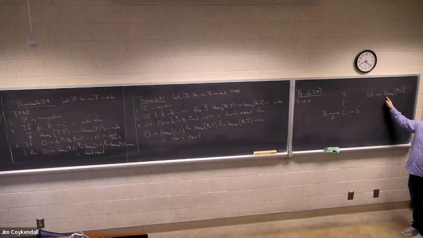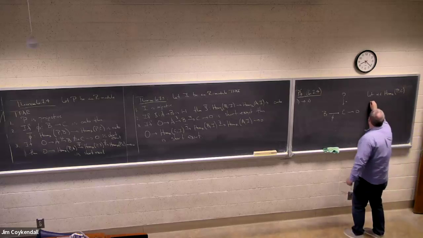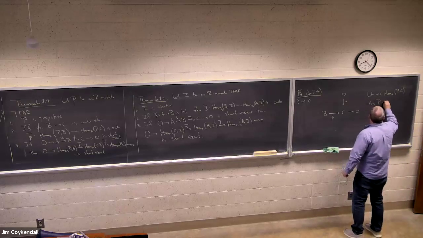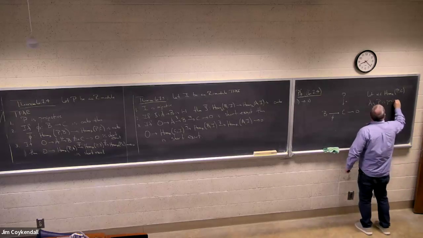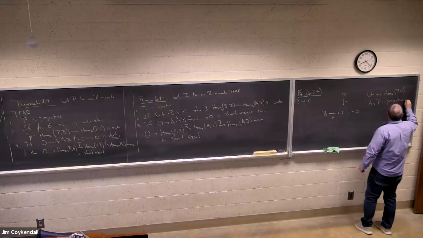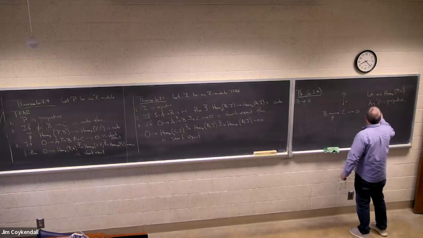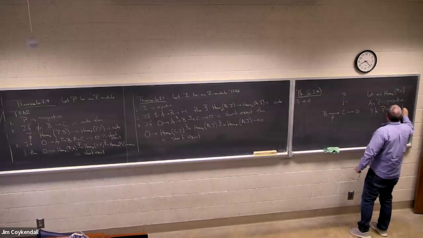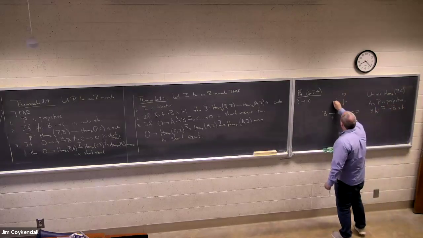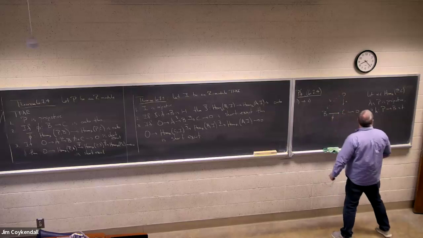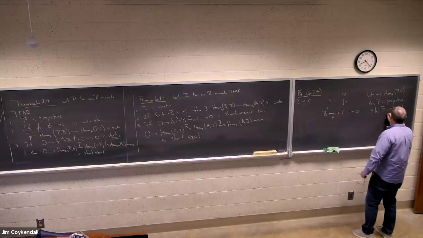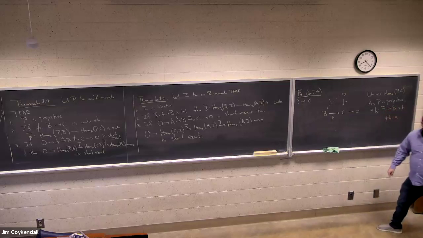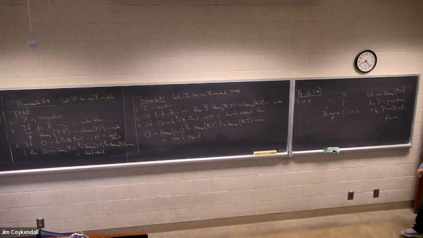Alpha is a homomorphism from P to C, right? As P is projective, there exists h from P to B such that when you do h and then you do phi, this is exactly alpha. Right? That's what it means to be projective.